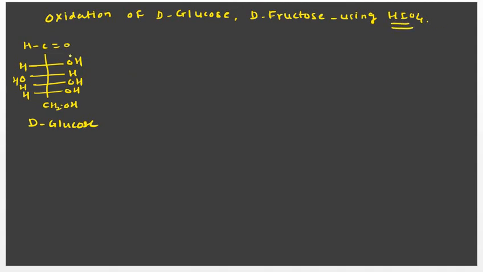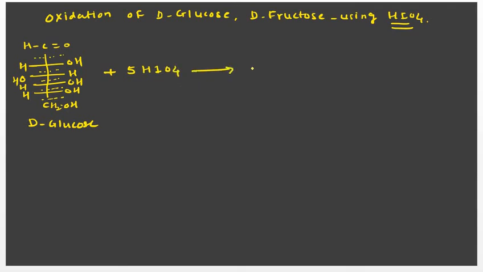So how many vicinal diols are there? See, this is one pair, this is another pair, this is another pair, this is another pair and this is another pair. So 1, 2, 3, 4, 5. So we will require 5 HIO4 molecules to oxidize this.